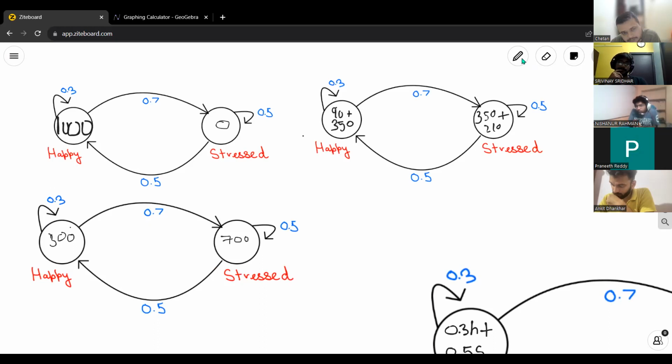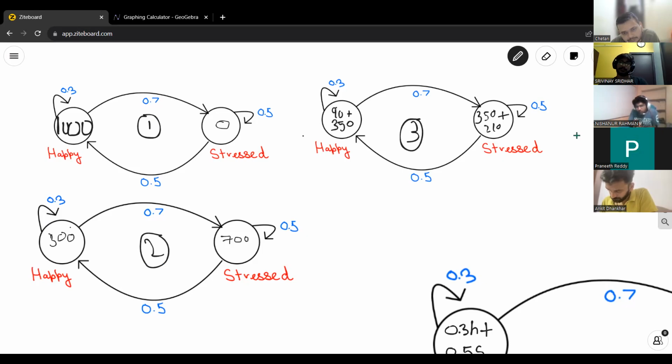So 30% of 1,000, that is 300, remains happy, and 70% of happy, that is 70% of 1,000, becomes stressed, around 700 people. And for the next cycle, we'll count 50% of 700, and that is 350.